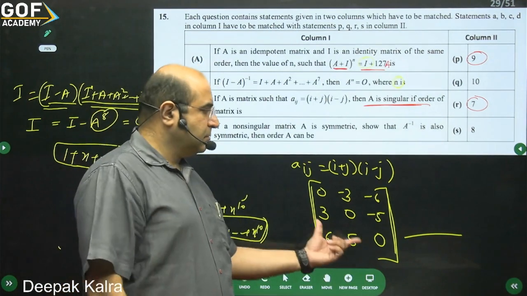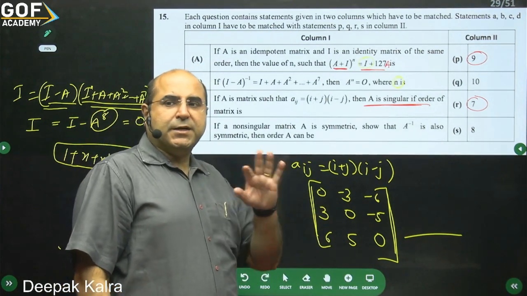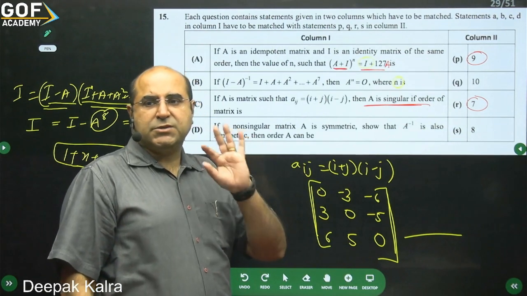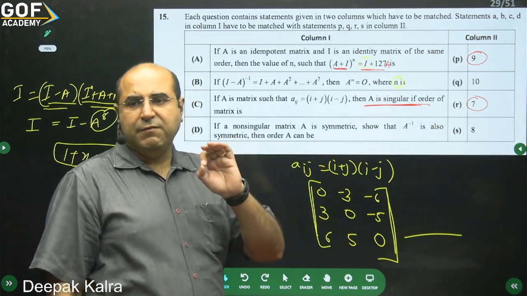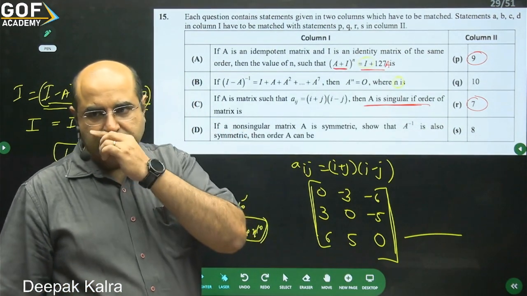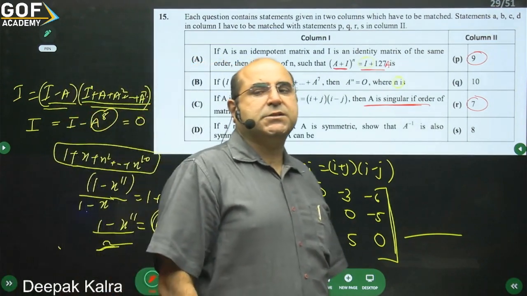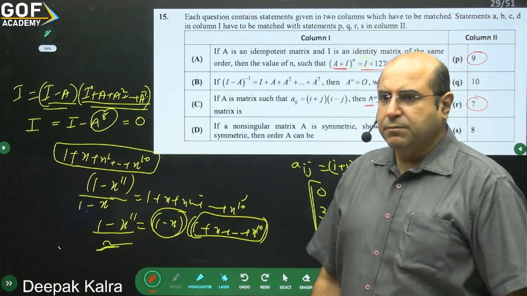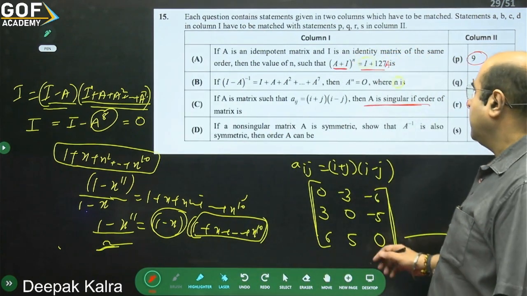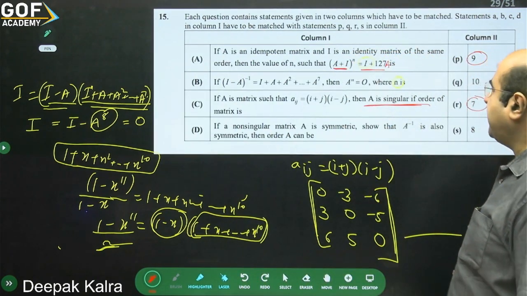Clear? Skew symmetric, write down the statement, odd order skew symmetric matrix, determinant value always 0. This is over. 7 and 9 is the answer.